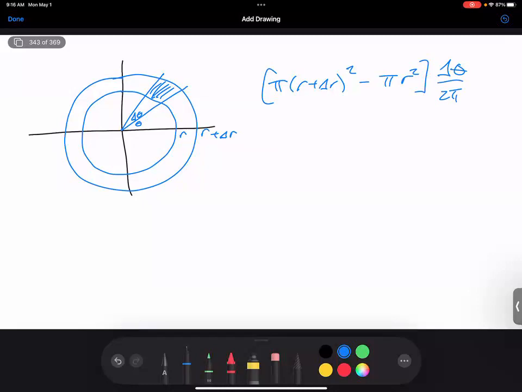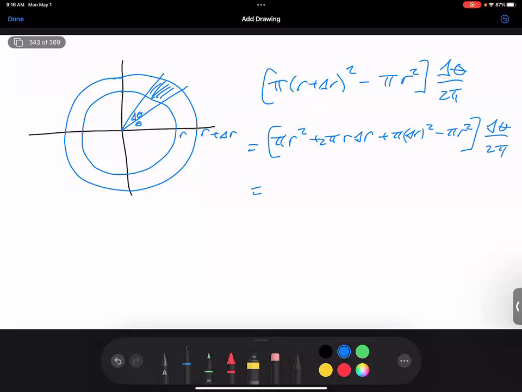Well, we can expand things out. We get pi r squared plus 2 pi r delta r plus pi delta r squared minus pi r squared, times delta theta over 2 pi.